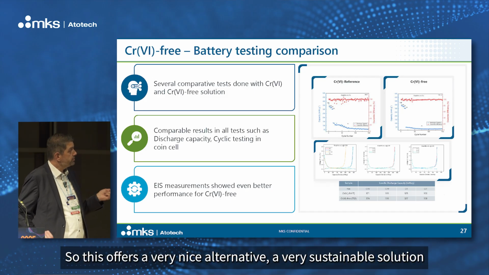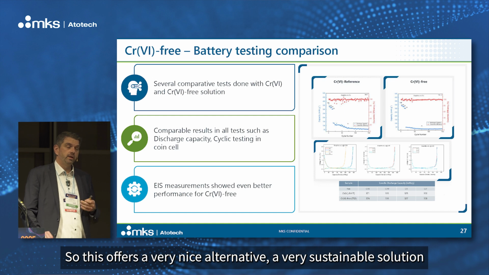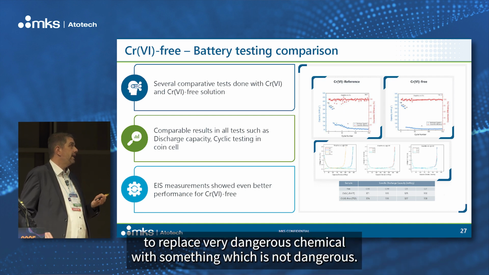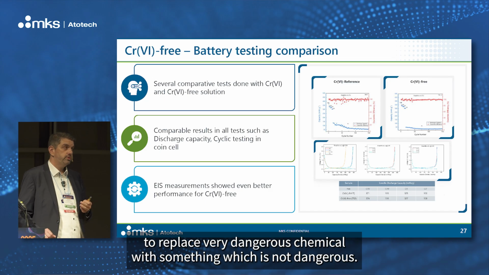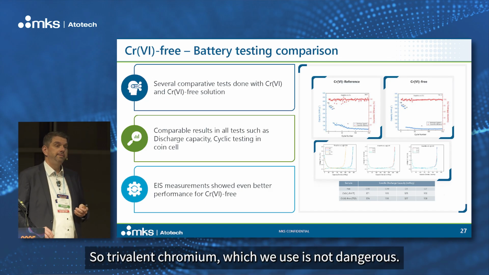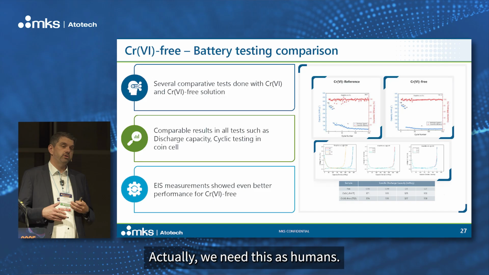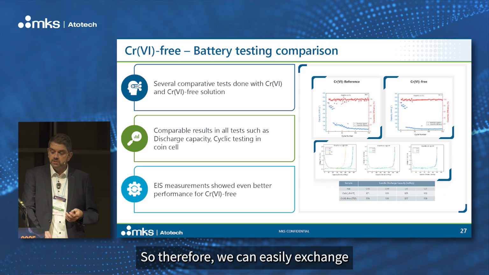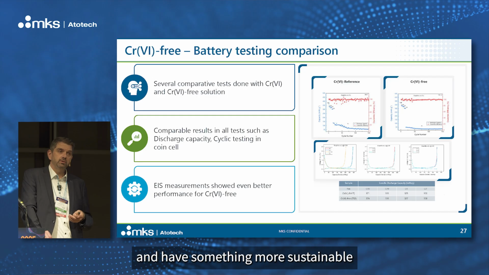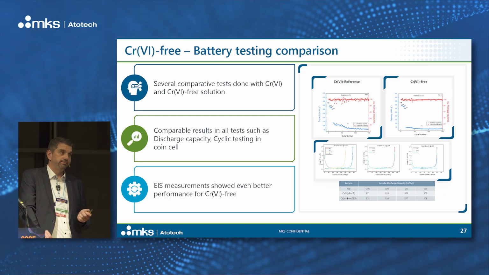This offers a very nice, very sustainable alternative to replace a very dangerous chemical with something which is not dangerous. Trivalent chromium, which we use, is not dangerous, and actually we need it as humans. So we can easily exchange it and have something more sustainable and more environmentally friendly.